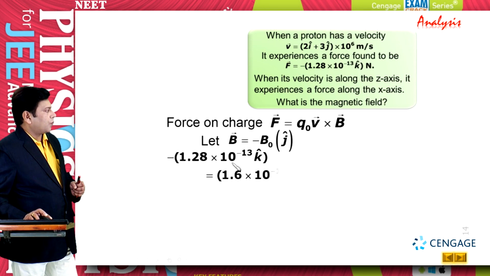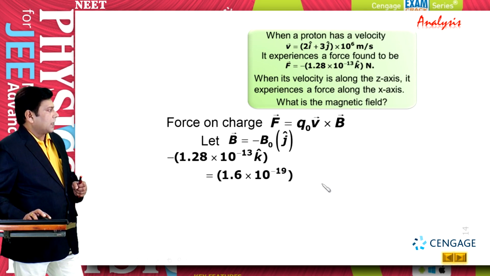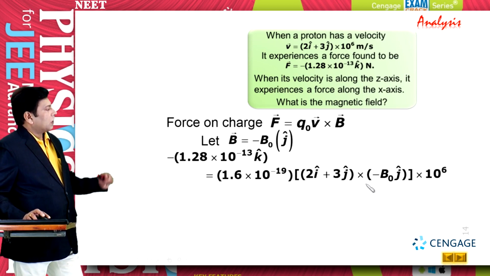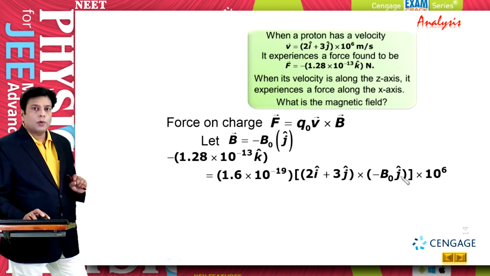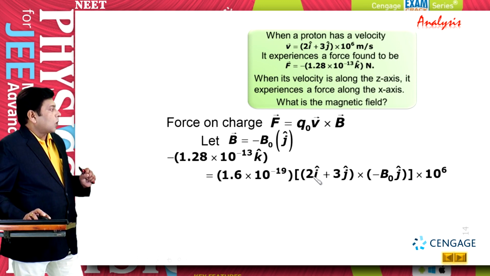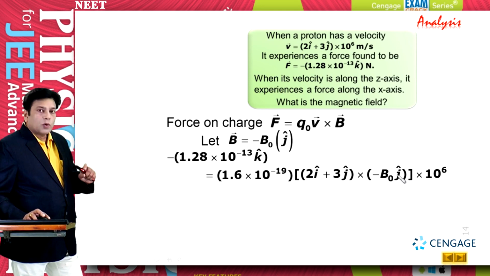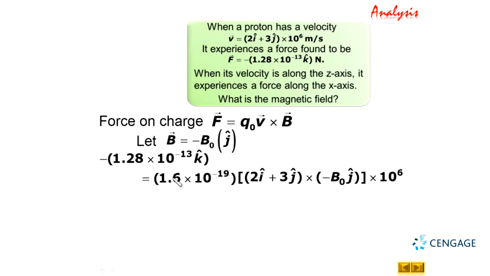This is the charge on the proton and this is the cross product of the velocity and magnetic field. Now if we do the cross product, j and j will be 0 and the cross product of i and j will be equal to k, and here there will be the negative sign and the negative signs will get cancelled and the final expression will be this.